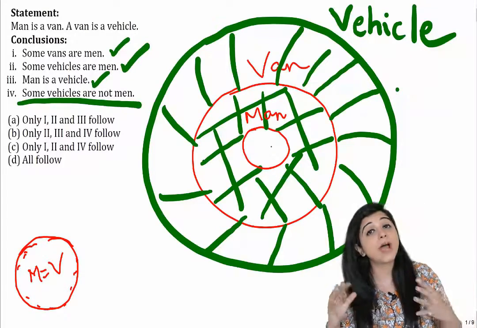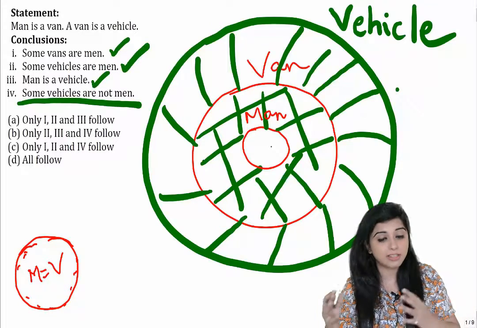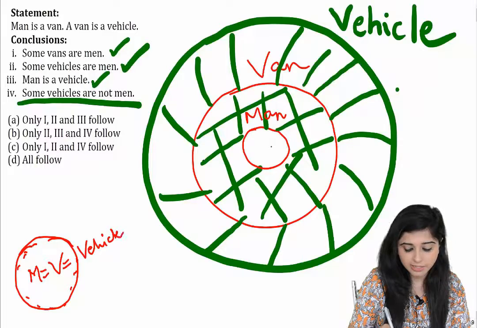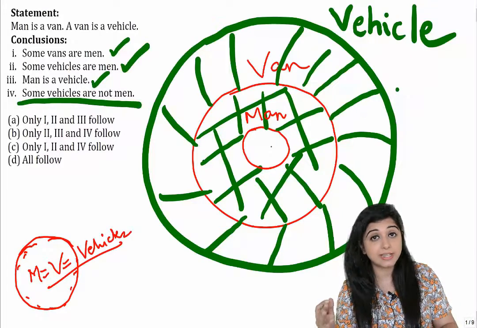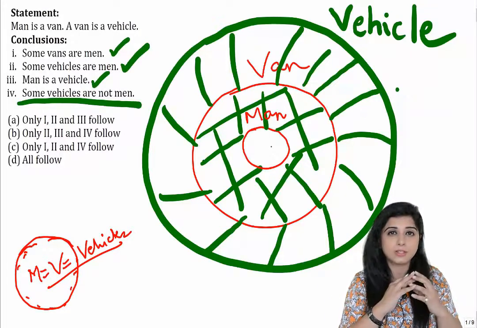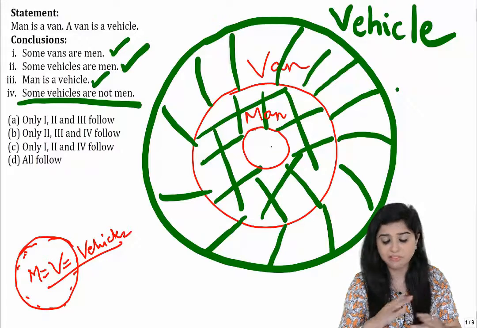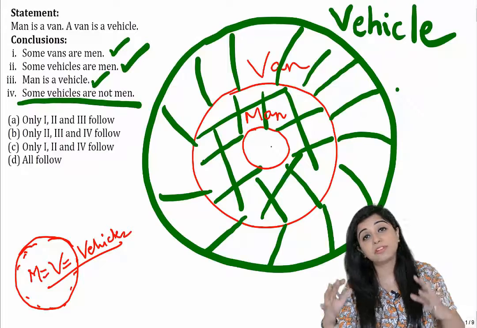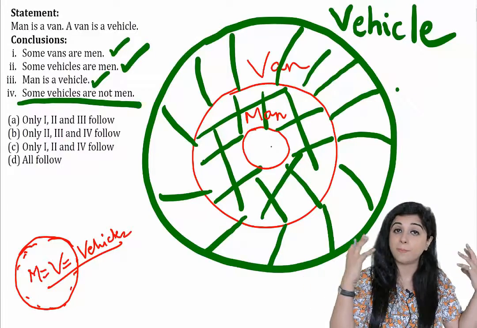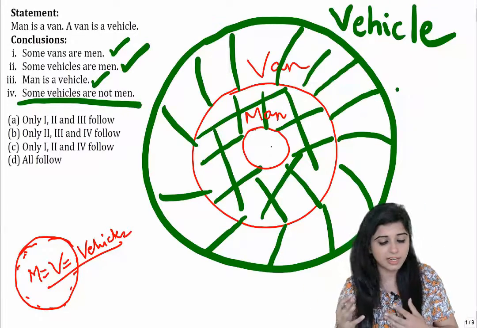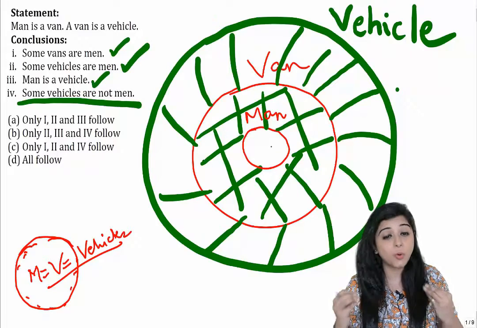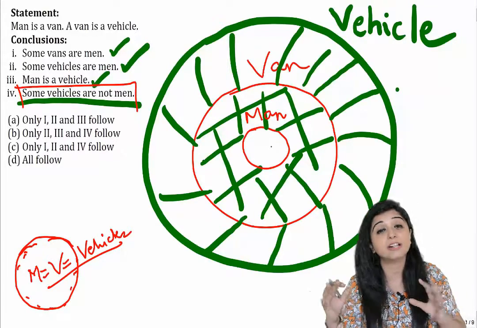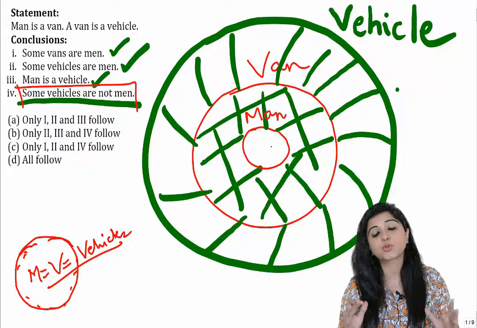And when you say all vans are vehicles, there's a possibility that these were nothing but three overlapping sets that were the same in size, shape, everything. Which brings us to the fact that if man is equal to van is equal to vehicle, there's absolutely no scope for statement number 4, some vehicles are not men, to be true.